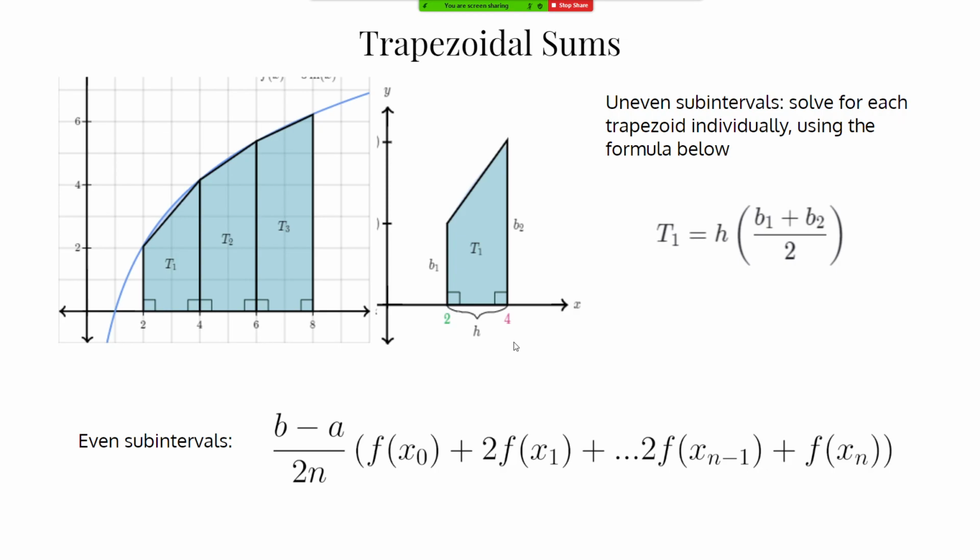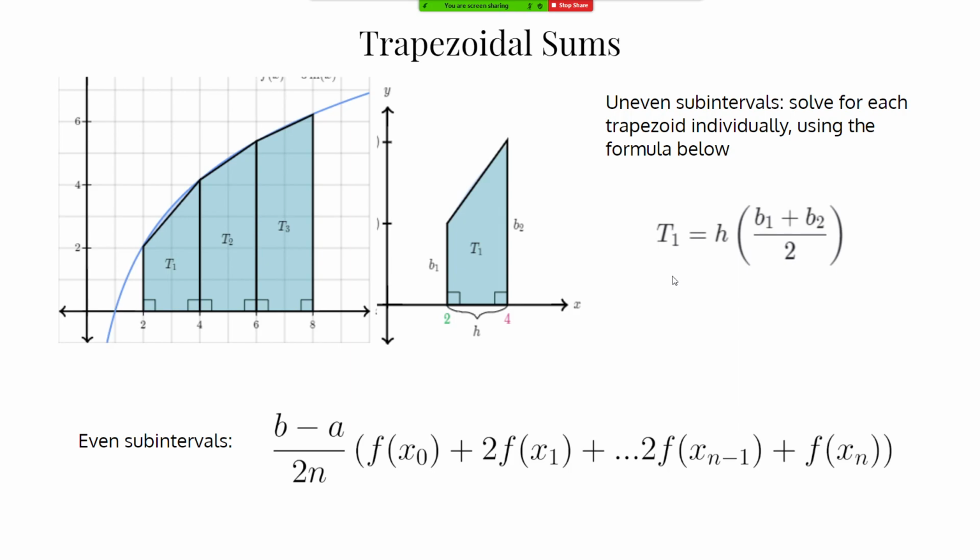But if they're not even, you have to use the area of a trapezoid for each of the intervals. You do delta x times the y value of one plus the y value of another, divided by 2, and just repeat that.